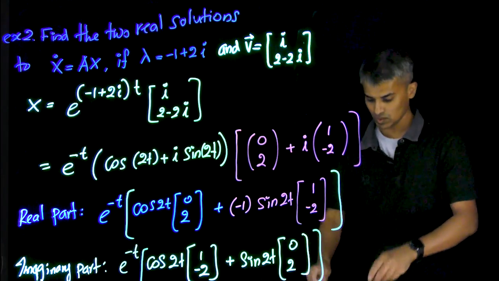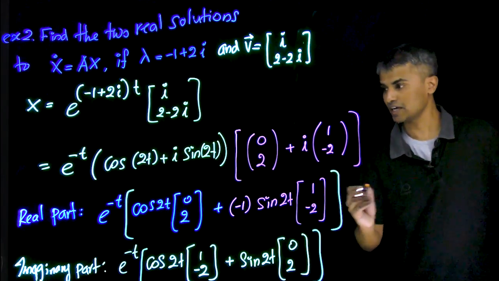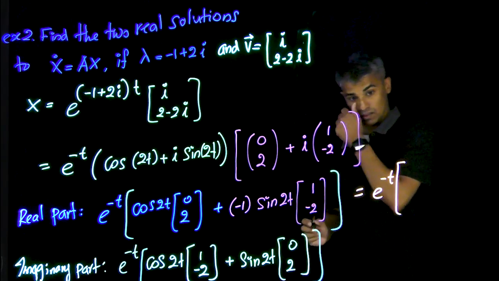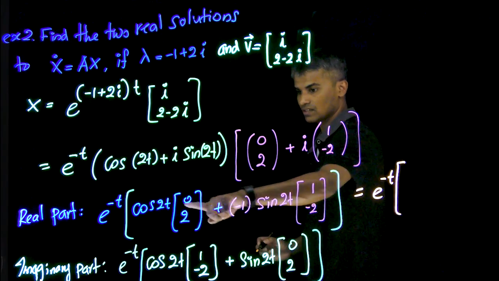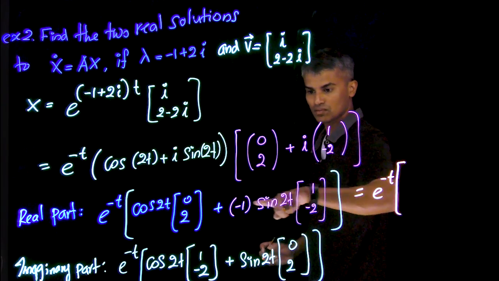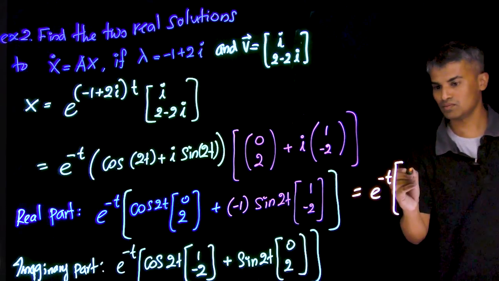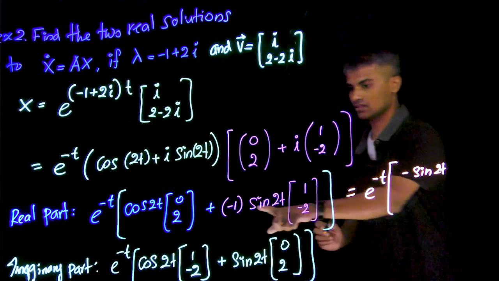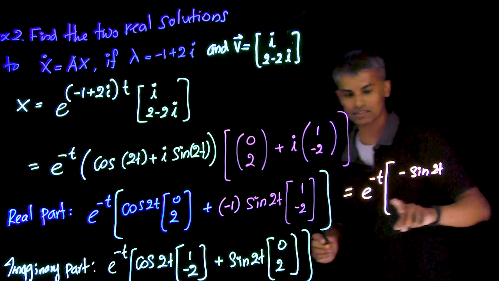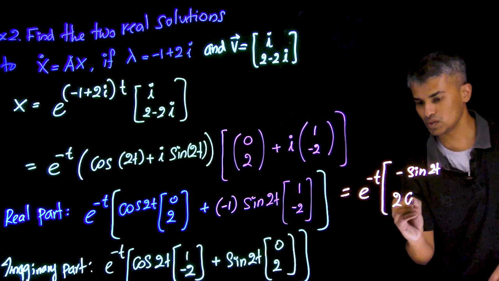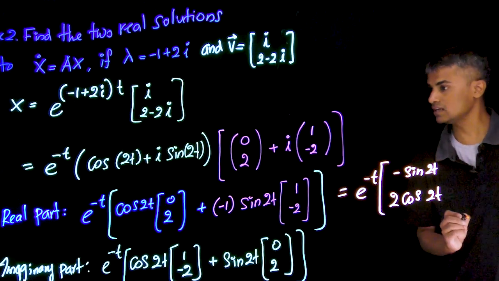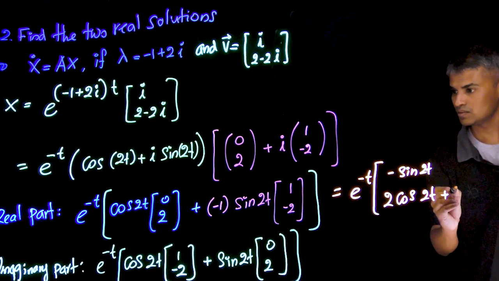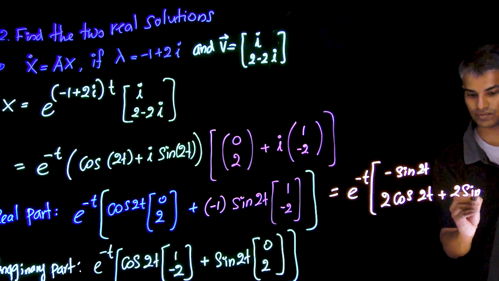Now if you simplify this part, you should get e to the negative t times, okay, the first component is 0, but here we have minus sine 2t times 1, and then the second component equals 2 cosine 2t, minus times minus becomes plus, plus 2 sine 2t.